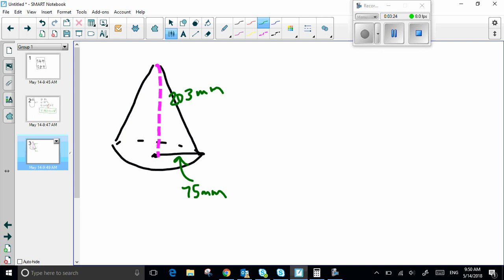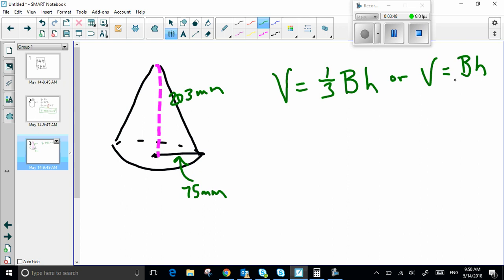This number is going to get a little bit big, but that's okay. The volume of a cone is still the area of the base times the height, but since a cone is a different shape, it's only 1/3 of that. So we can do it that way, or we can do volume equals the area of the base times height divided by 3.